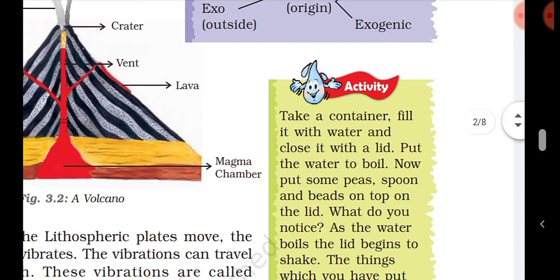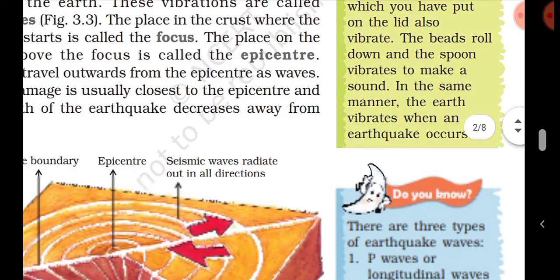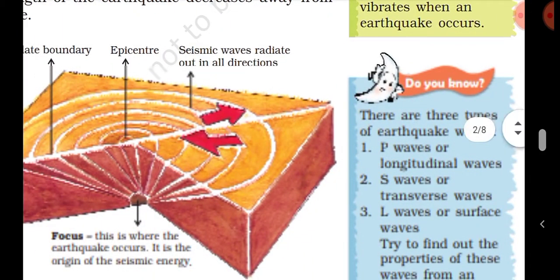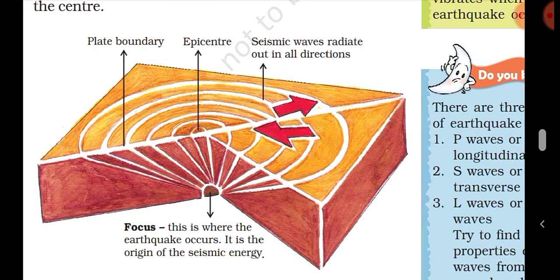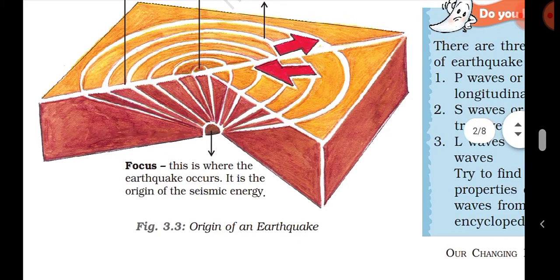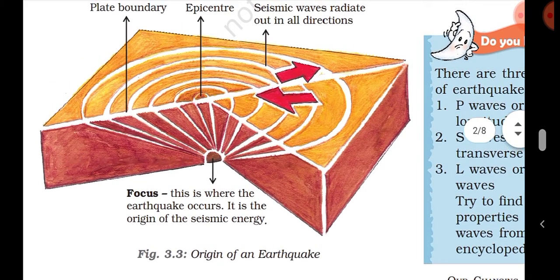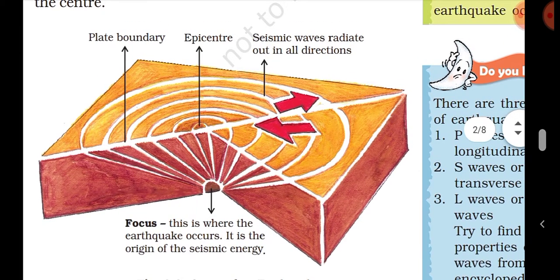Okay, so students, there are lots of pictures here. You have to draw these pictures also in your notebook, like this figure 3.3, origin of the earthquake. This is where the earthquake occurs. It is the origin of the seismic energy. What do we call seismic energy? Seismic energy is the energy which comes from the inside of the earth in the form of waves.